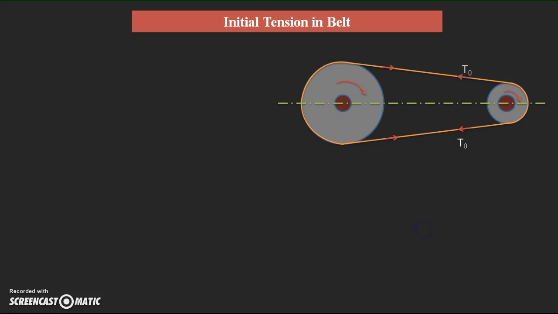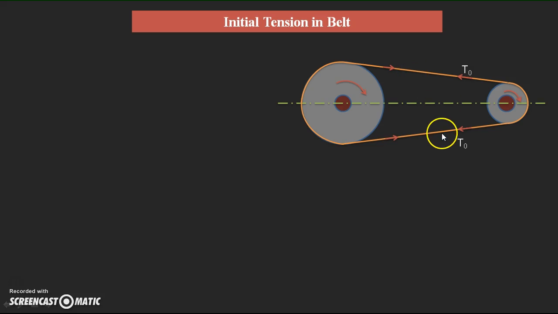When the driver starts, the driven also rotates. During this, the downward belt side becomes tight, because it is dragging the belt in this direction and leaving the belt in the other direction.